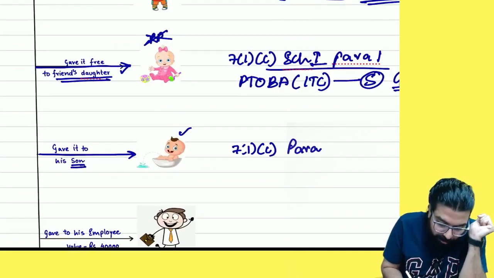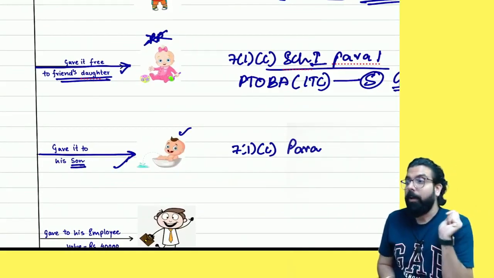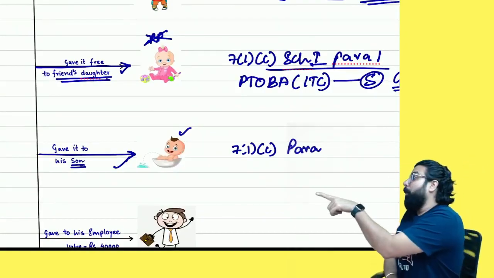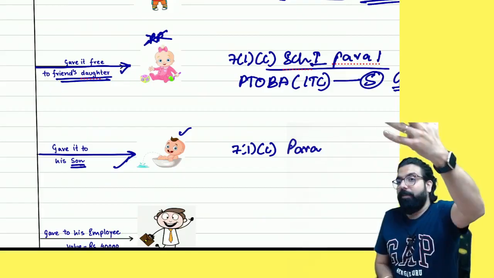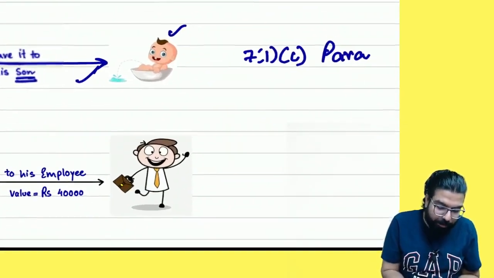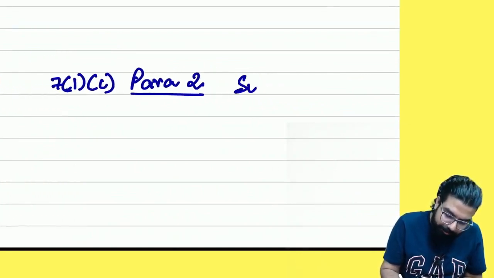People, when you give it to your son or you give it to your wife or other related person other than employee, does the value matter or does not matter? But if you give it to your employee, up to 50,000, more than 50,000, sure everyone? Okay, gave it to my son. Para 2. Supply. Do I have to pay GST?